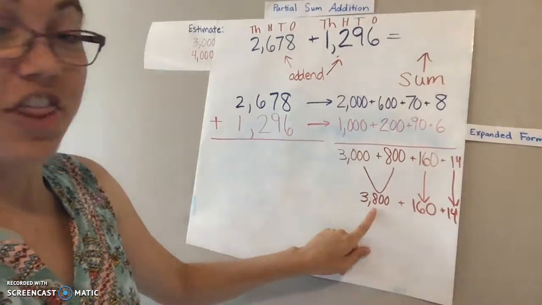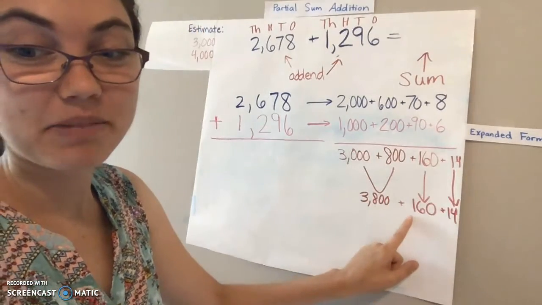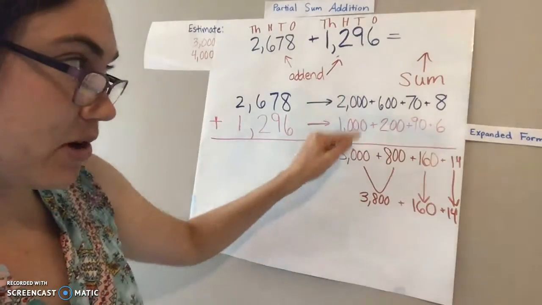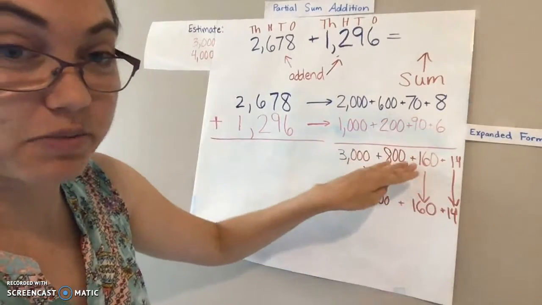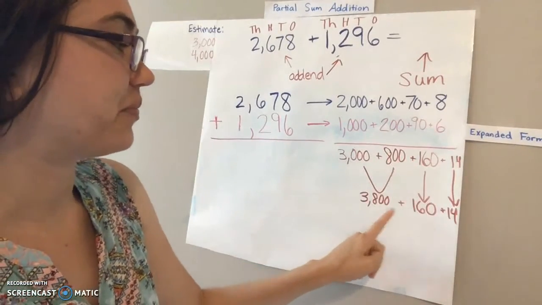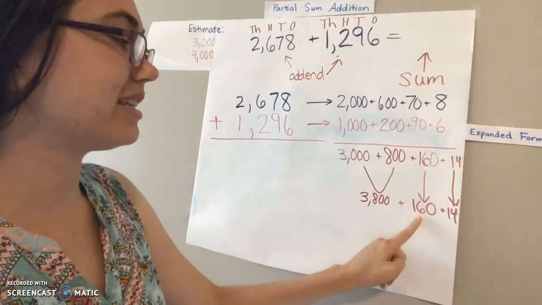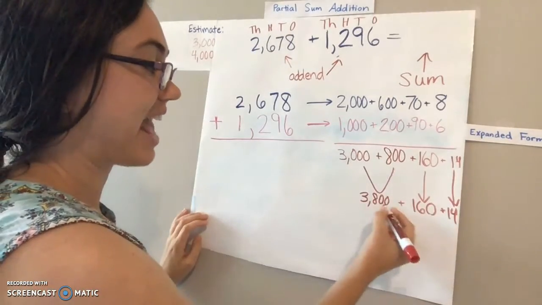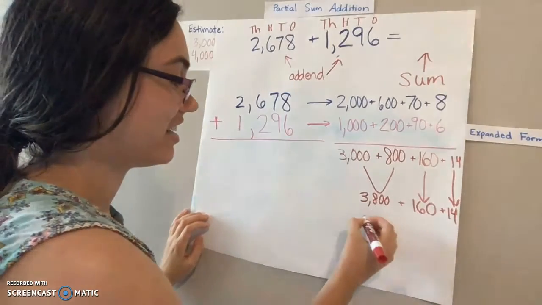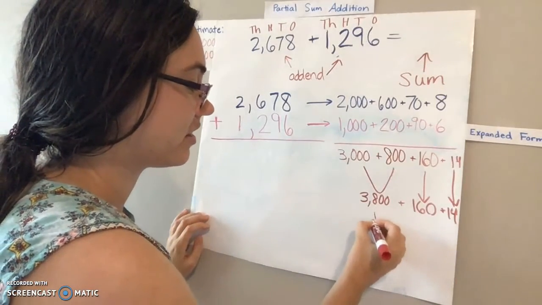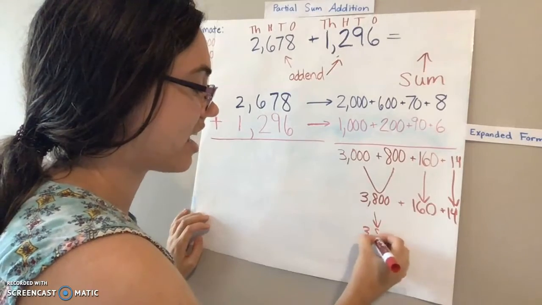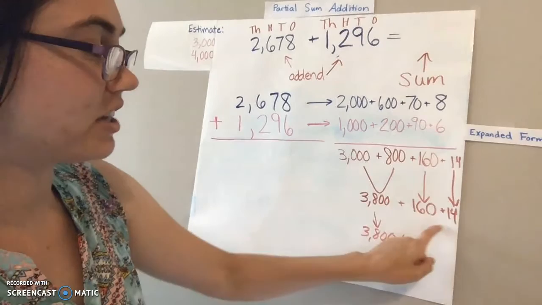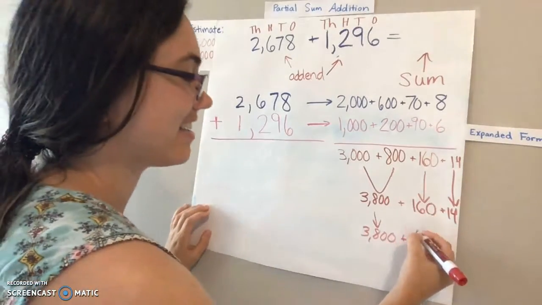Okay, 3,800 plus 160 plus 14. Remember, we broke it into parts. Now we've got to add those parts together. So I might think, what is 160 plus 14? And I'm going to add it to 3,800. So 3,800 plus, what is 160 plus 14?